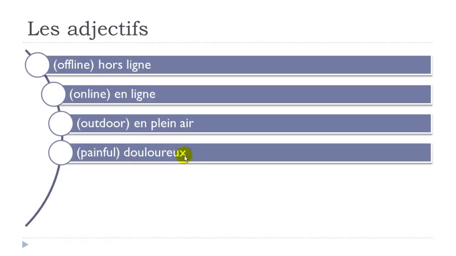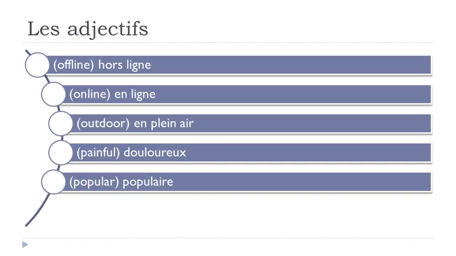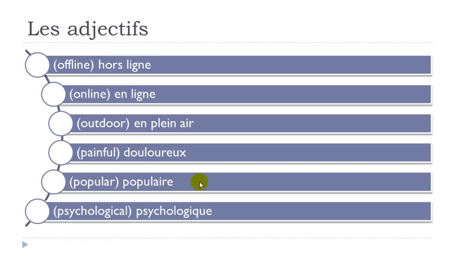Douloureux. Remember, final X not pronounced, so you get this OU together. Ou, douloureux. Douloureux. Populaire. Final E not pronounced, so populaire. Populaire. Psychologique.